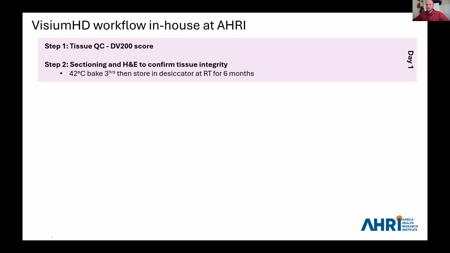If this passes, we then section 5 micron sections, which are captured on a normal negatively charged slide. These are then baked for 3 hours at 42 degrees and then stored desiccated at room temperature for up to 6 months. So this is all part of the Visium HD protocol, but it's a nice way of going through, validating your samples and getting them ready for a run. So you can kind of stockpile a few samples and get them ready for the workflow.